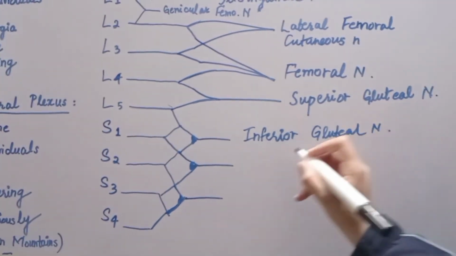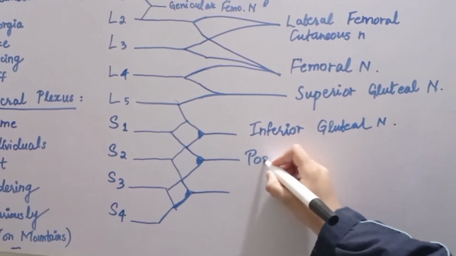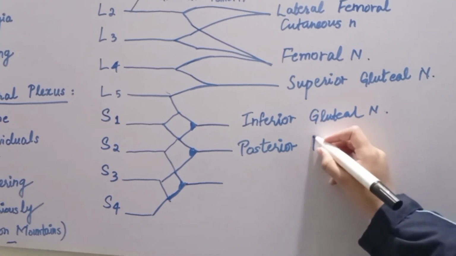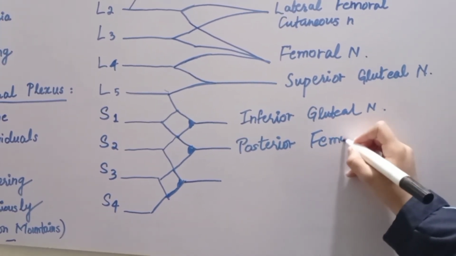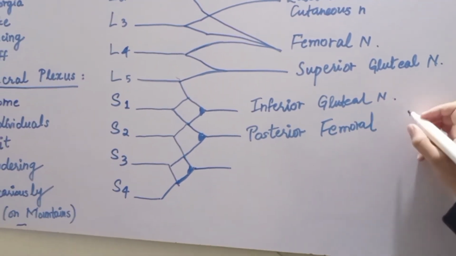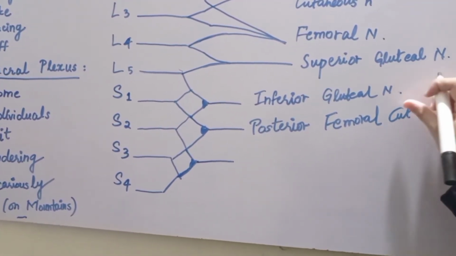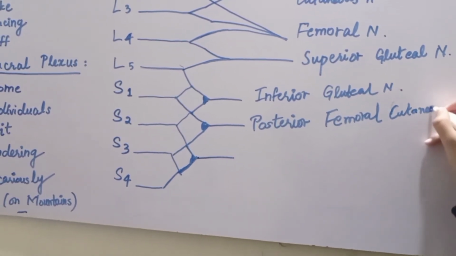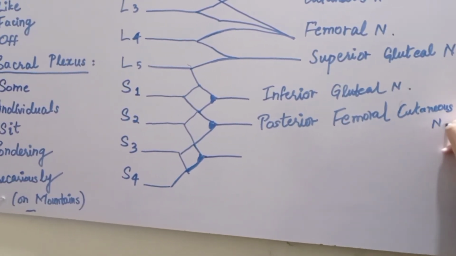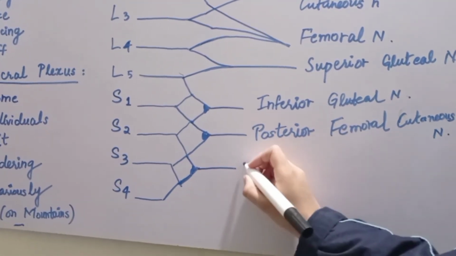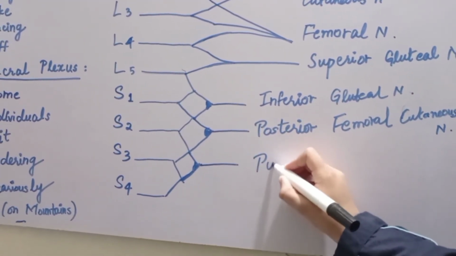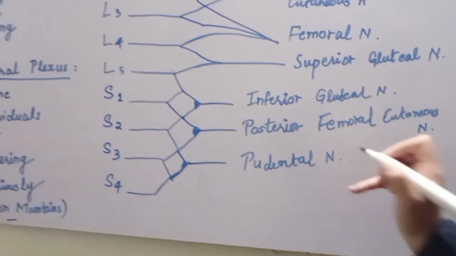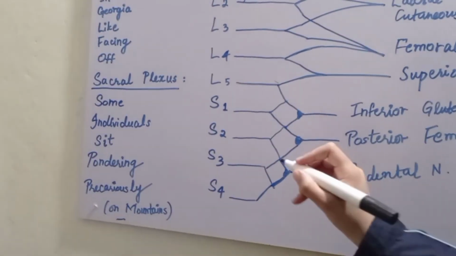And the second peak is going to form the posterior femoral cutaneous nerve. And the last peak is going to form the pudendal nerve. So here we have the peaks of mountains.